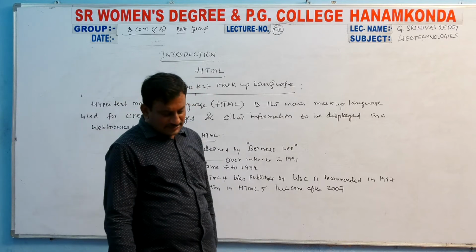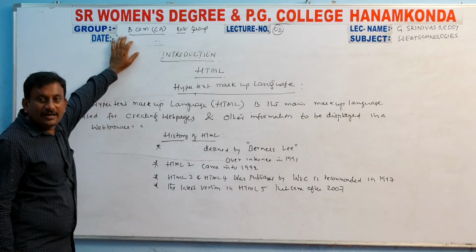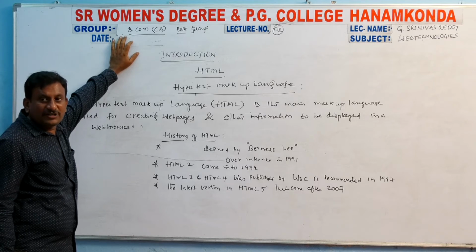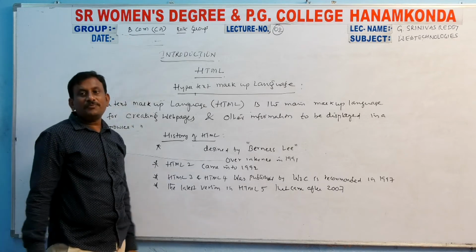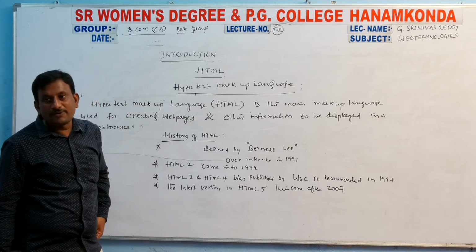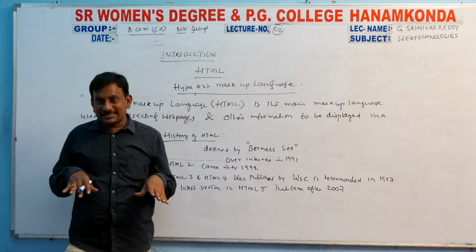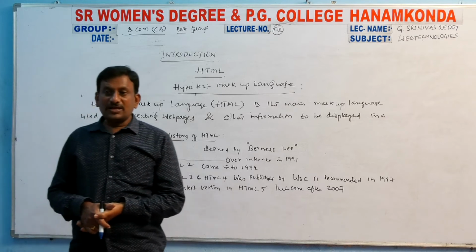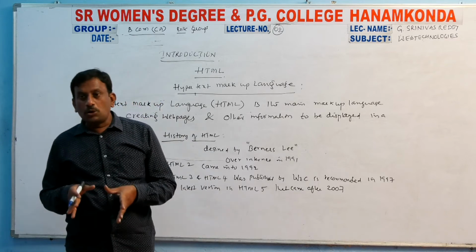Brackets were already discussed in previous semesters. One more point: this information, this HTML coding, will be written in any one of the text editors, like Notepad, WordPad, FrontPage, etc. Generally we go to Notepad. Then where can you see the output?